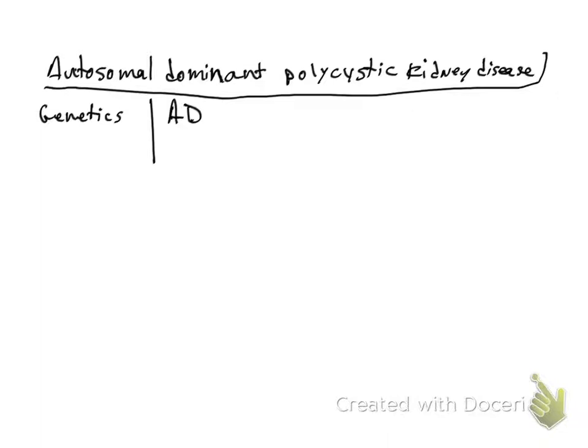Well, it is easy, because the name is basically giving you the gene. It is polycystic kidney disease 1, PKD1, or polycystic kidney disease 2.